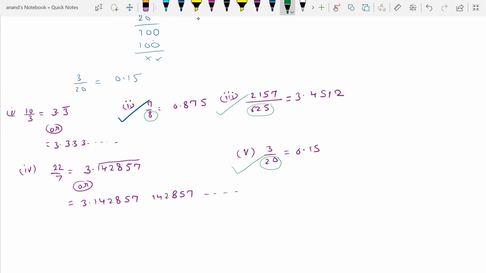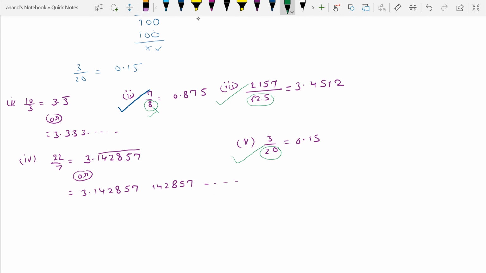In the denominator of these three examples, the denominator is either in the form of 2 to the powers, or in the form of 5 to the powers, or it is the combination of the powers of both 2 and 5.